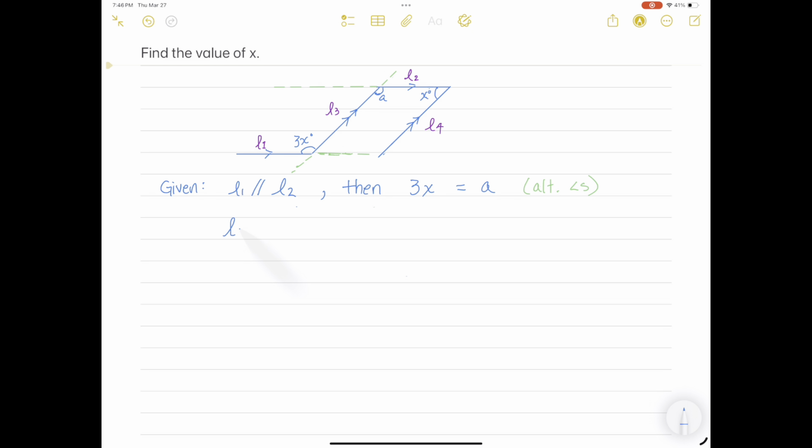Next, we have that it is also given that line 3 and line 4 are parallel based on the double arrows on both those lines.